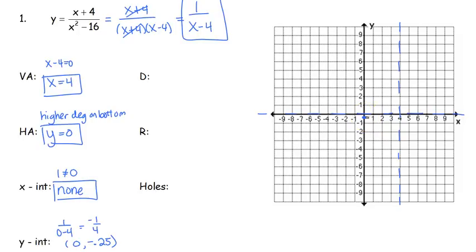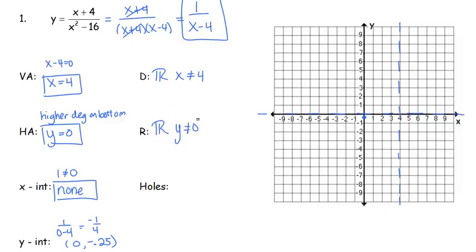Alright, so we look at the domain. We have a vertical asymptote at 4, so this is going to be all reals except x cannot equal 4. Our range is our values going up and down. That is all real numbers except y cannot be equal to 0.